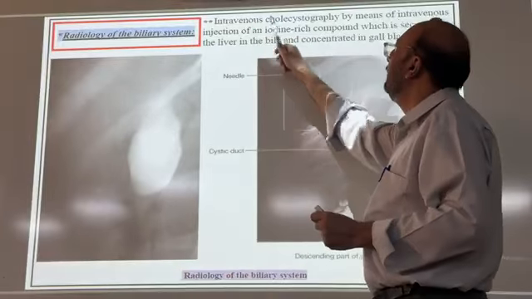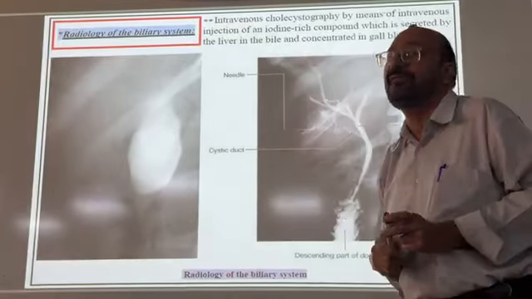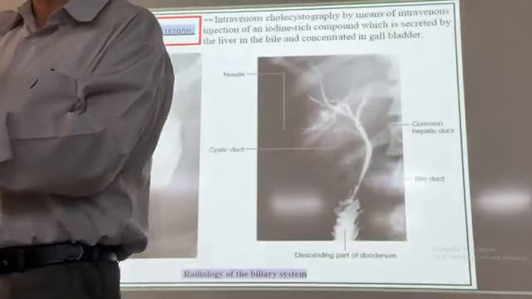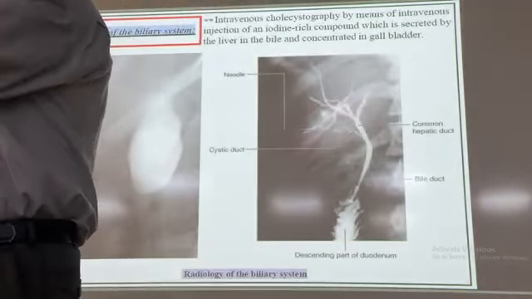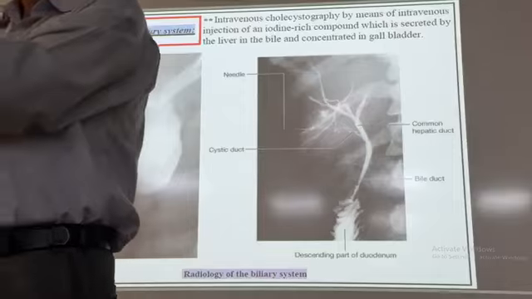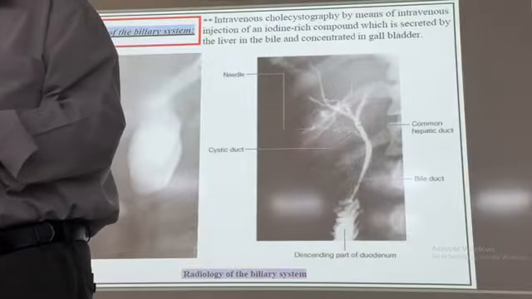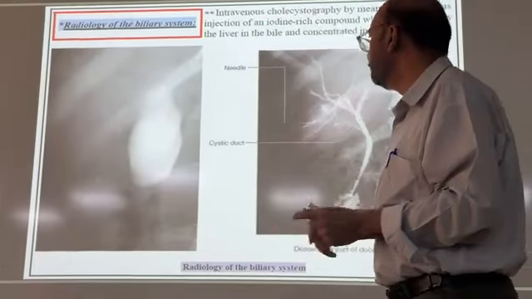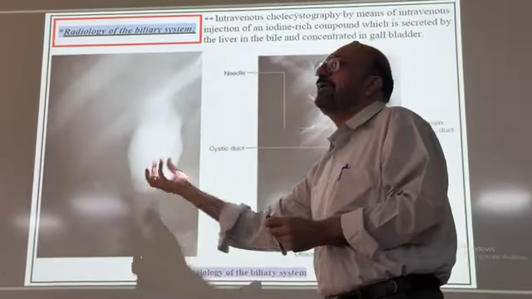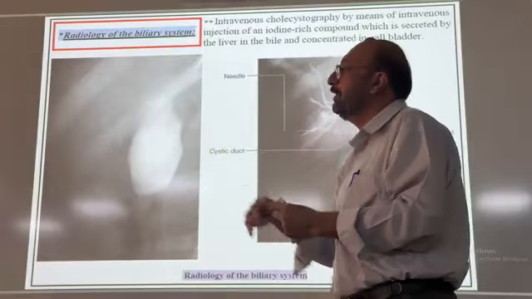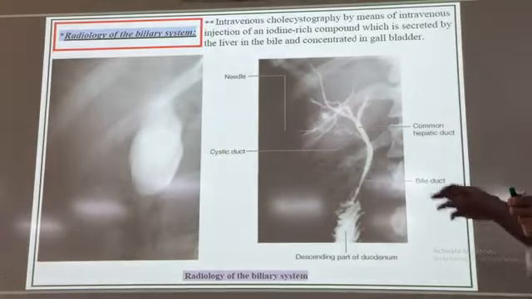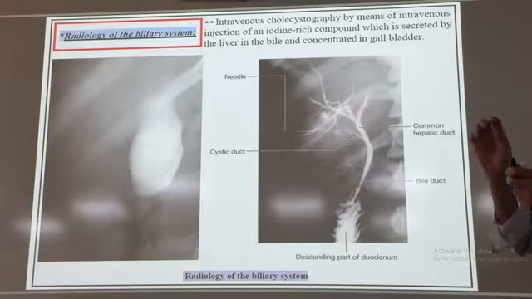So intravenous cholecystography: we inject a dye which has a sensitivity towards the liver. Now it will be excreted by the liver, concentrated in the gallbladder, and we will take a picture of the gallbladder. This is the story. Plus, when we gave him a lipid food, it will contract and it will give you all the structures. Okay? This is one method of investigation.